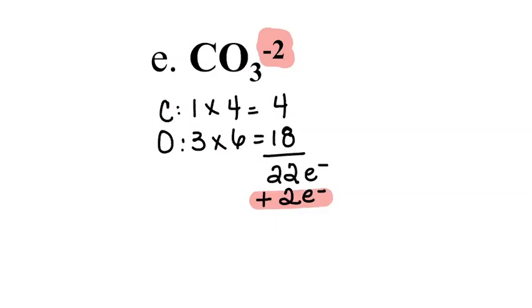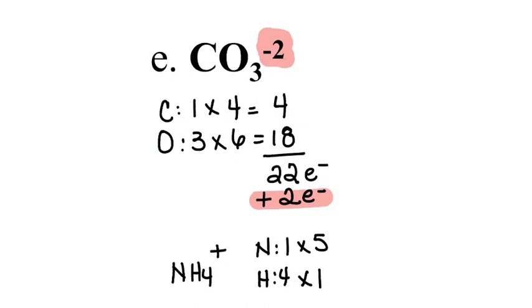So for example, if you had the opposite, let's say NH4, this is positively charged. In NH4, you have nitrogen, one of them, and hydrogen, 4 of them. Every nitrogen contributes 5 valence electrons. Any hydrogen, 1 valence electron. 5 plus 4, we have 9 electrons for bonding. But notice that this is a positive charge.